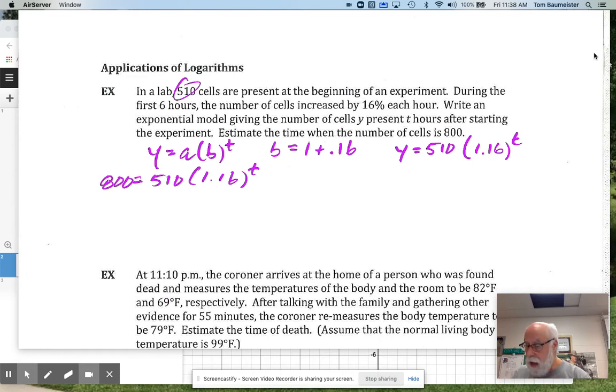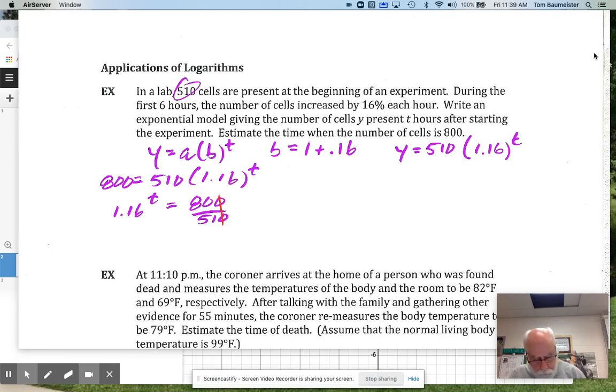So if I do that, I'll get that 1.16^t is equal to 800 divided by 510. You have matching zeros there, so you could actually say it's 80 over 51.